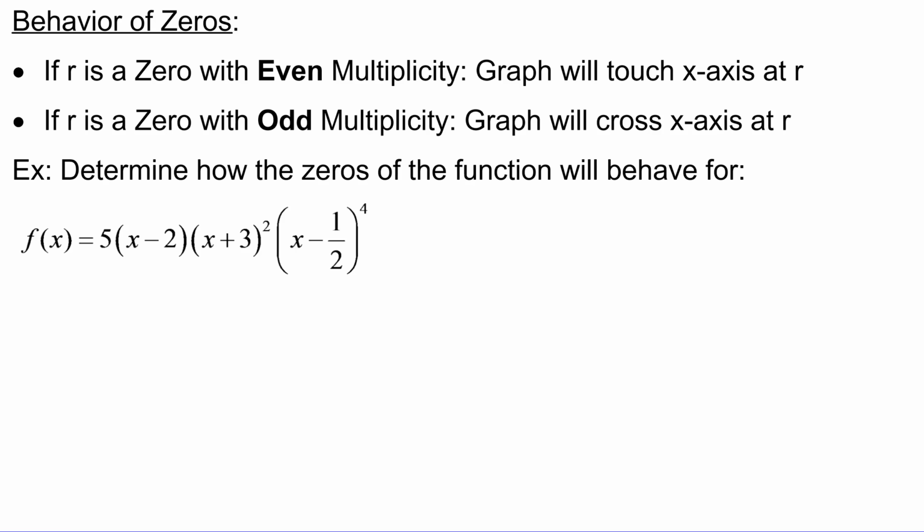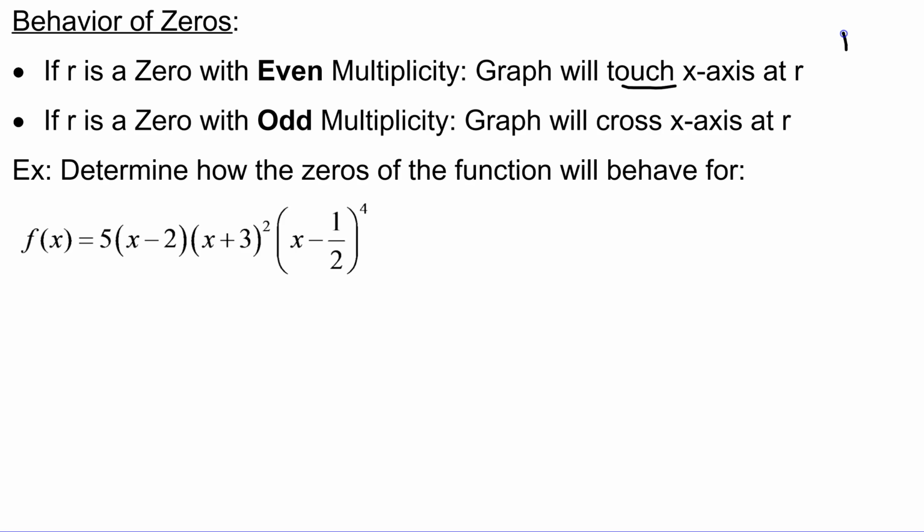So why do we bother finding the multiplicity? That's because it's going to dictate the behavior that occurs at that particular 0. So for that 0 value, which is an x-intercept on our graph, if your multiplicity is even, in other words, our factor happens an even number of times, then that's what we call touch behavior.